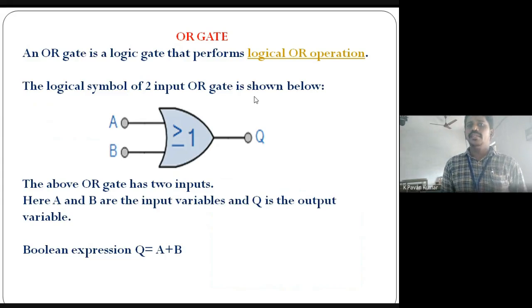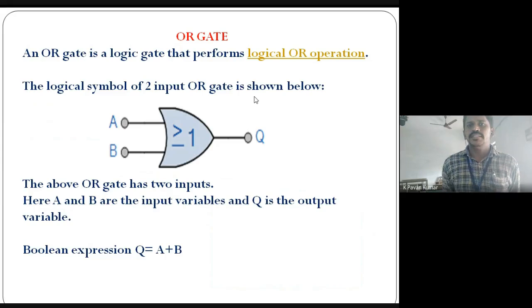The Boolean expression of the OR gate is Q equal to A plus B. Here we can observe the Boolean expression or Boolean function Q equal to A plus B. Here A and B are the two binary variables used for input, and plus is our OR logic.